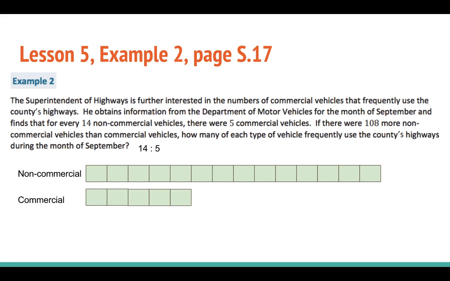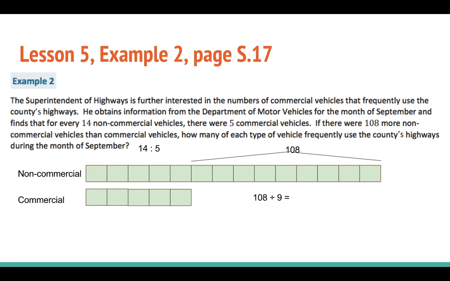Now they told us that there were 108 more non-commercial vehicles than commercial vehicles. So that means from this box over here to this box over here, there were 108 vehicles. So that tells me that in these 9 boxes, the total should equal 108.